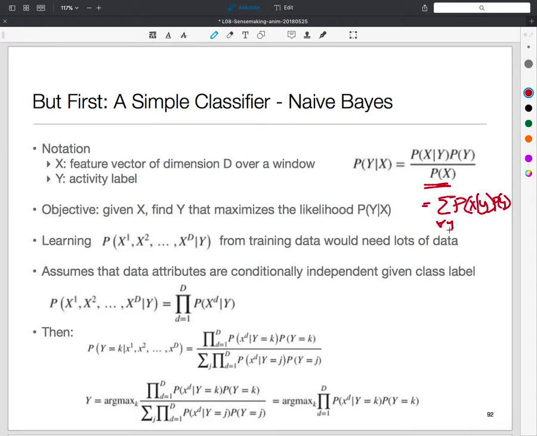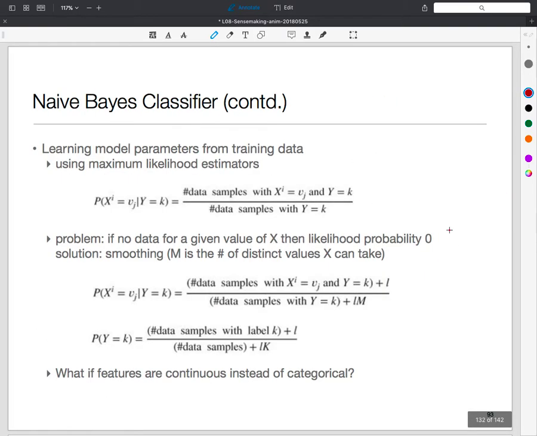So you will almost always end up with an answer of all possibilities being 0, and that's not very good. What you really want to say is it's very small, because that's why you didn't observe it, right? So the trouble creates a problem in this scenario if there is no data for a given value of x.